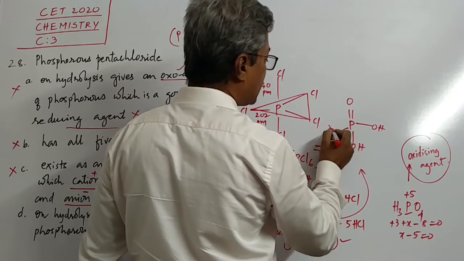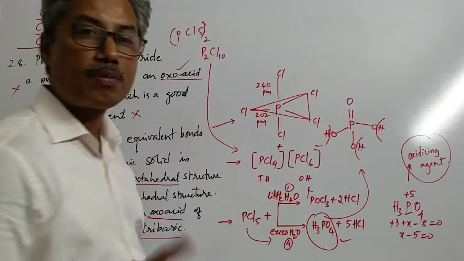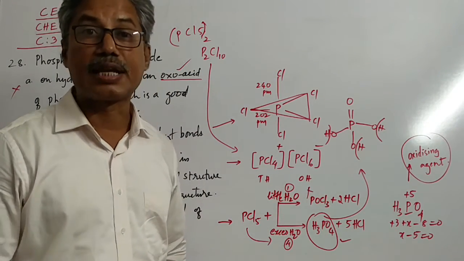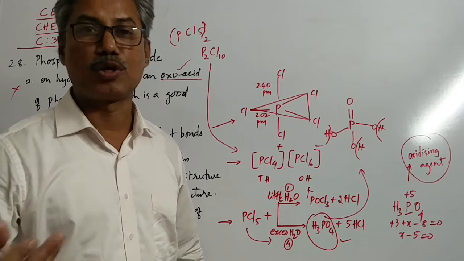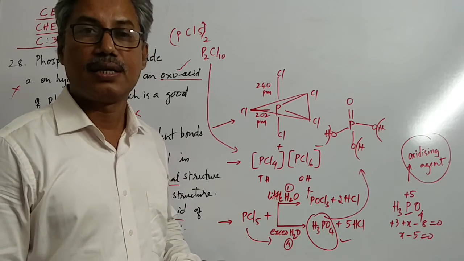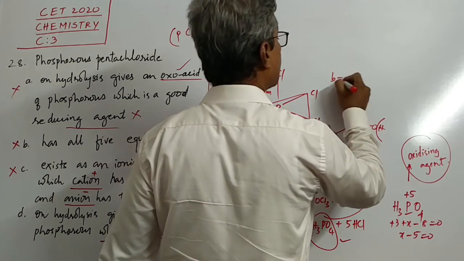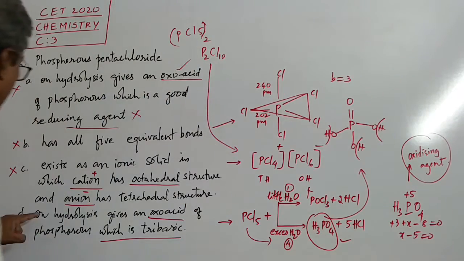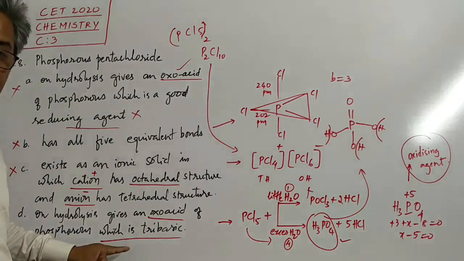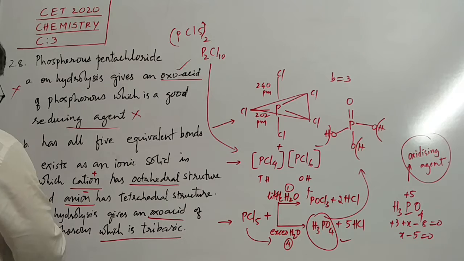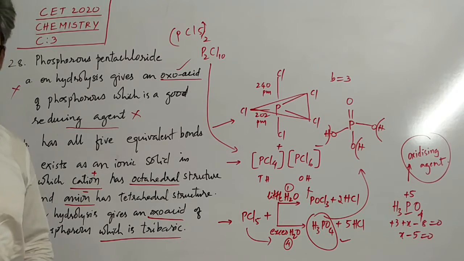This OH bond is easily ionizable when it is added to water. That means 1 molecule of phosphoric acid produces 3 H+. That means its basicity is 3. That means on hydrolysis, phosphorus pentachloride gives an oxo acid, which is tribasic. That means it is the correct answer. Clear, students? Now let's take another example, another question.